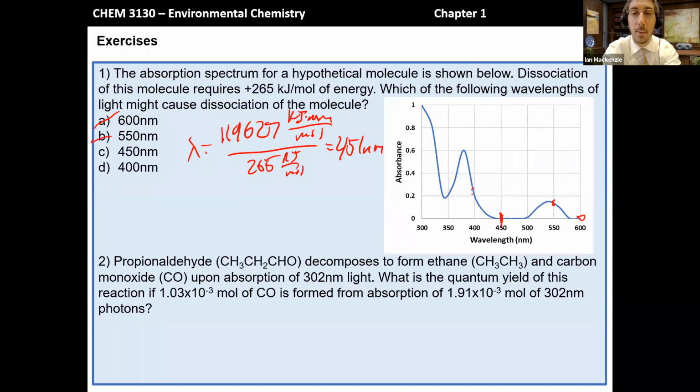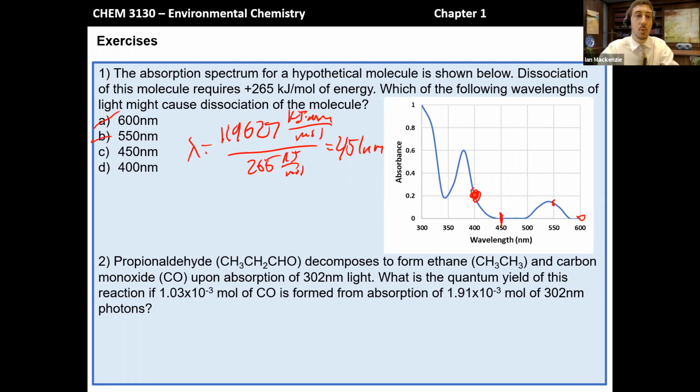Of course, there are other options, but at 400 the molecule does absorb, maybe not a ton. It's got an absorption of 0.2 at that wavelength. So maybe not a ton, but it certainly does absorb at that wavelength.